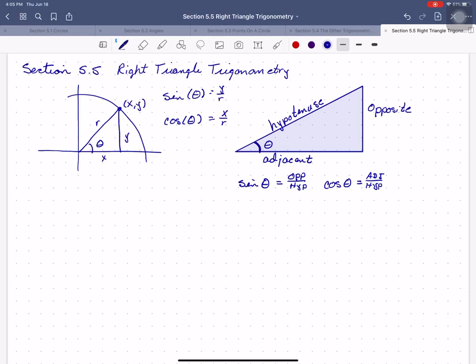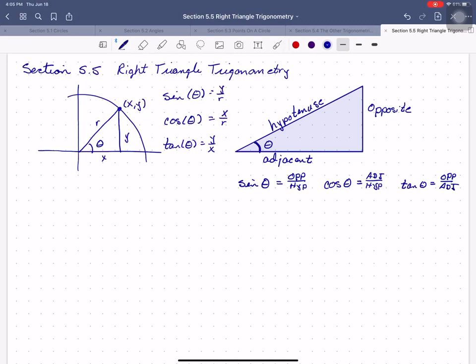And because we also know that the tangent of theta is equal to y over x, we know that the tangent of my angle theta is equal to the length of the side opposite divided by the length of the side adjacent to that angle.